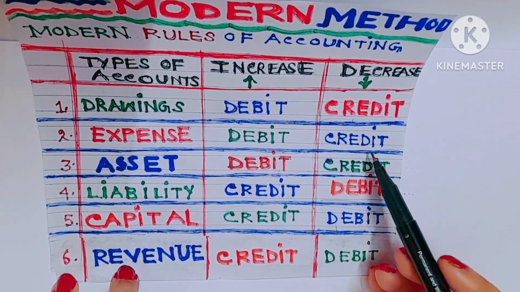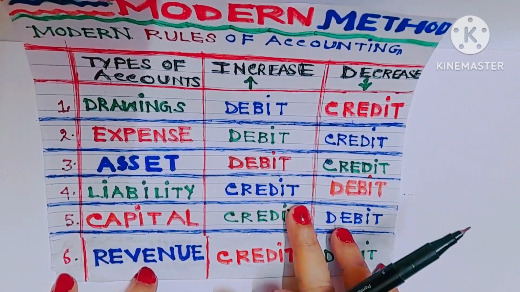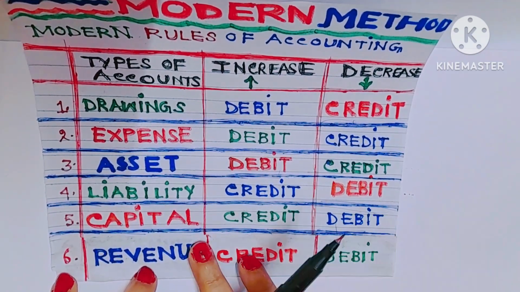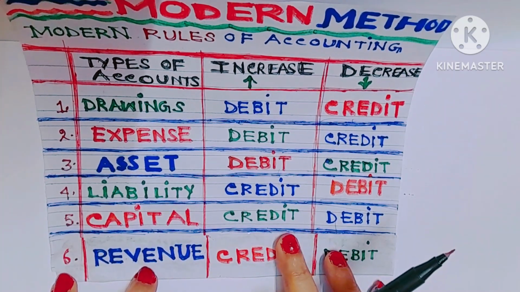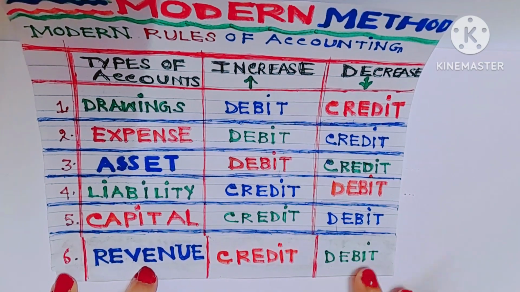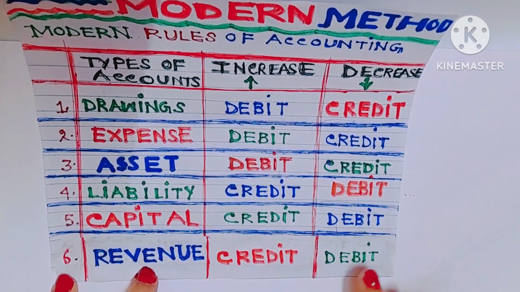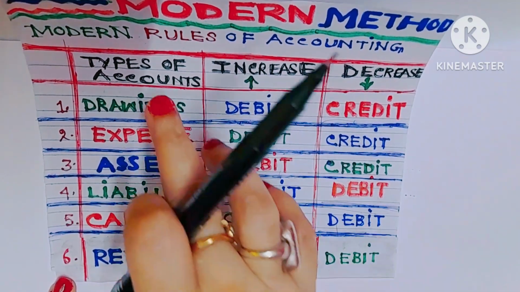Credit, credit, credit. Similarly, number 4, if liability is increasing, it should be credit. If liability is decreasing, it should be debit. Number 5, if capital is increasing, it should be credit. If capital is decreasing, it should be debit. Number 6, revenue. If revenue is increasing, it should be credit. If revenue is decreasing, it should be debit. This is the increase column, this is the decrease column, and this is the types of accounts.